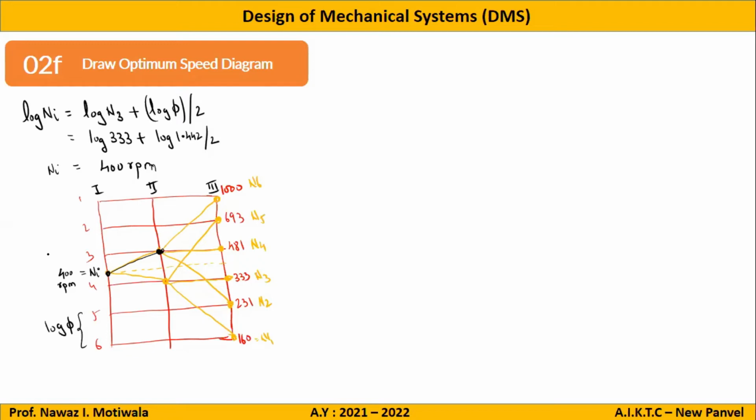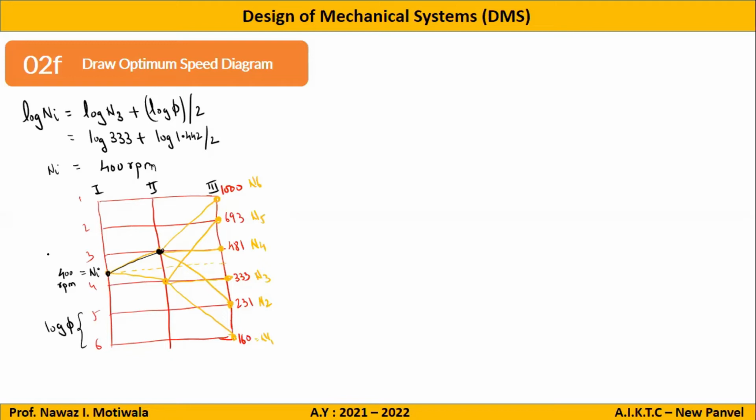If you have observed the question carefully, I will read it out again. The question was: design a gearbox for a 6-speed output with the following specifications. The first specification was output speeds, minimum 160 and maximum 1000. The second specification is that I have a motor with a speed of 1440 RPM.